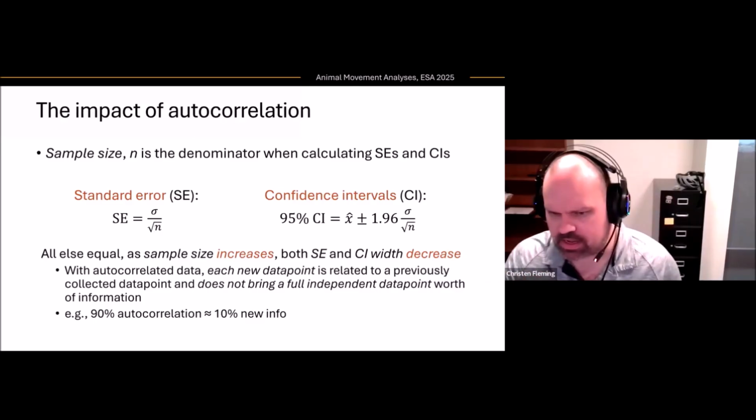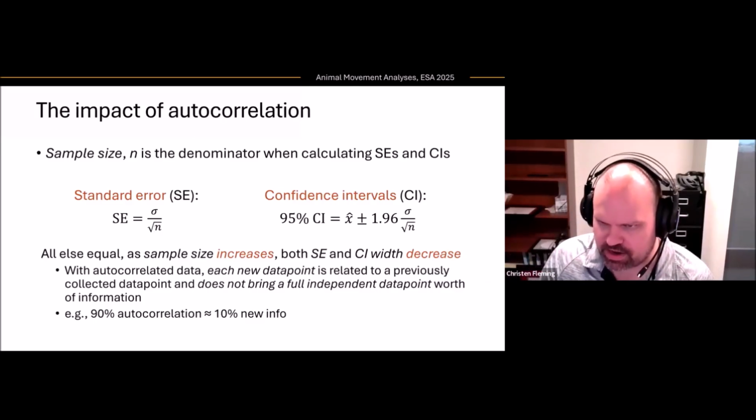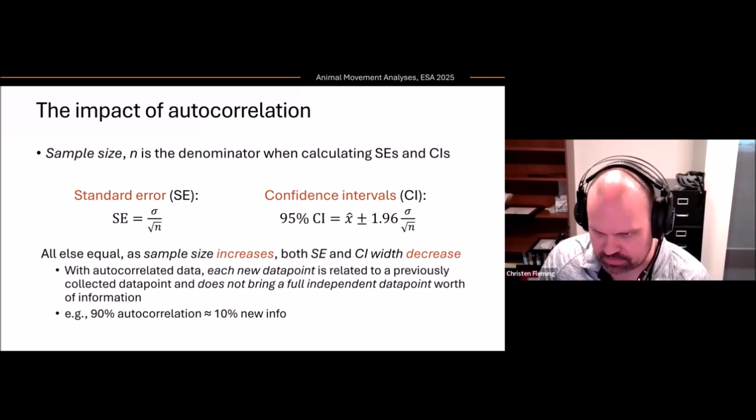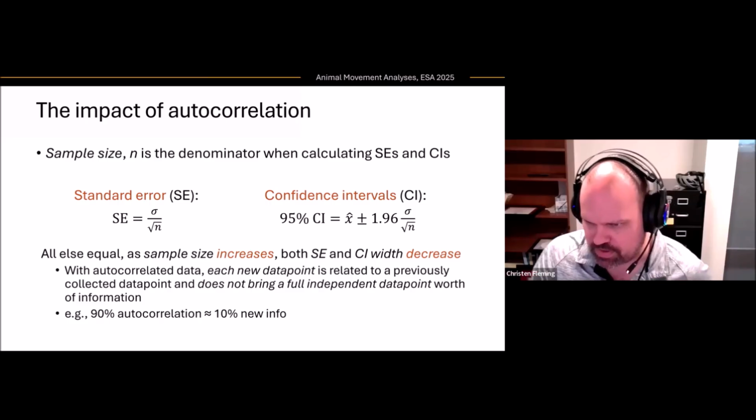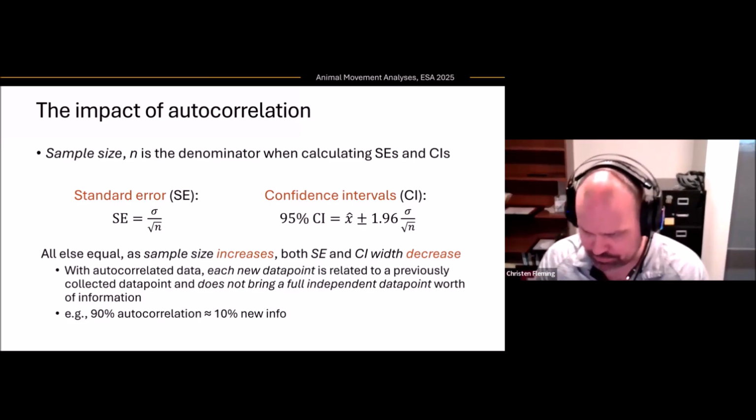Okay, so the largest impact of not dealing with autocorrelation is that when you look at your confidence intervals and your standard errors, if you don't account for the autocorrelation, then you assume that they are calculated from a bunch of independently sampled data.